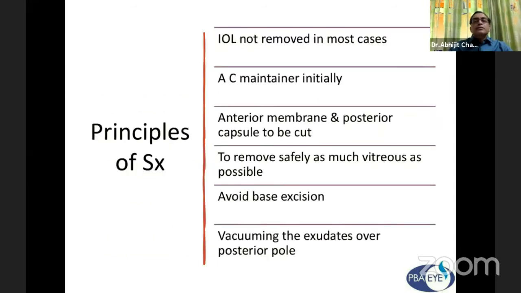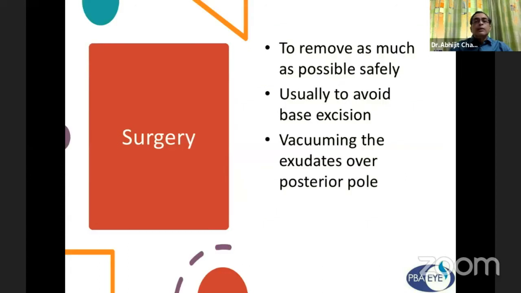Principles of surgery: the IOL is not removed in most cases nowadays, and we initially start the anterior chamber maintainer. Then the anterior membrane and posterior capsule are cut, to remove as much vitreous as possible safely, avoiding basic scission, and carefully vacuuming the exudates over the posterior pole.